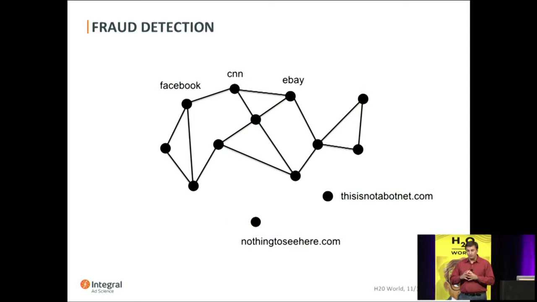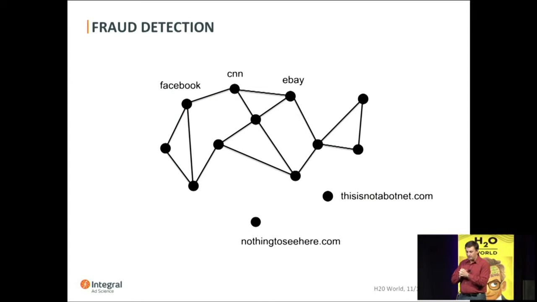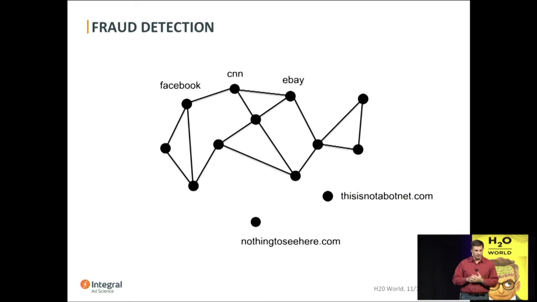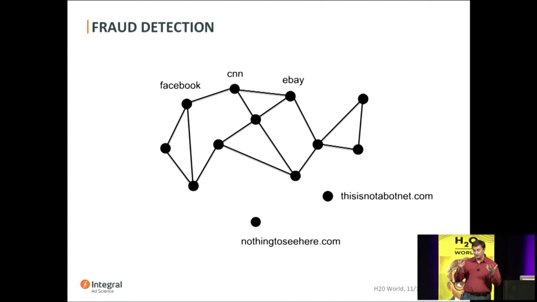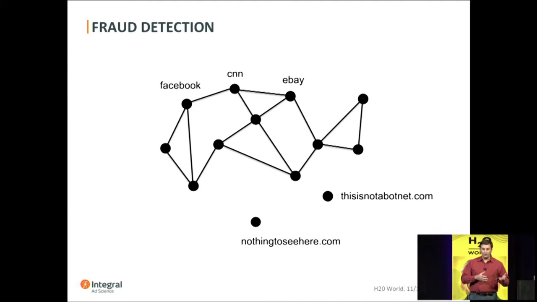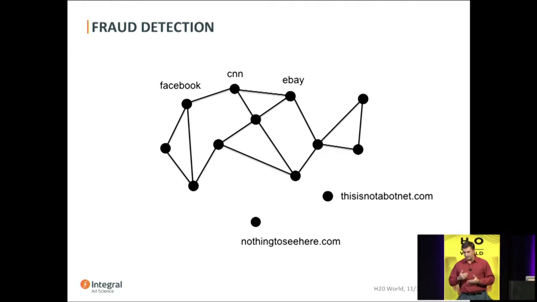So to give you an idea of how we look for bots, we compare the human traffic with general traffic and try to find patterns. So humans, all of us, when we browse, we go to certain sites. It's a reasonable frequency, for example, and everybody goes to their own set of sites, but we never visit places that are fraudulent sites, like nothingtoseehere.com.